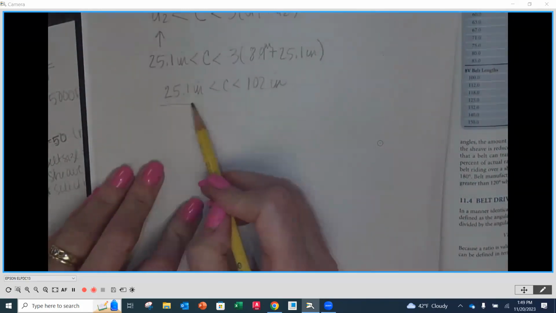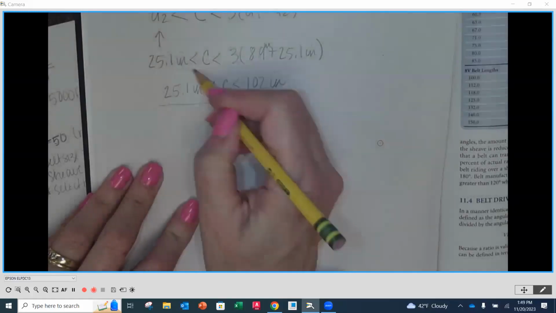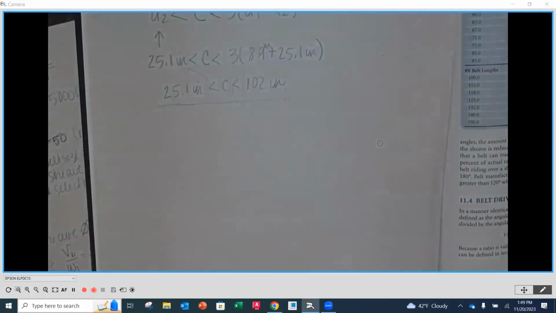So this is our range. We have to be between here and here. And the book just picked 72.